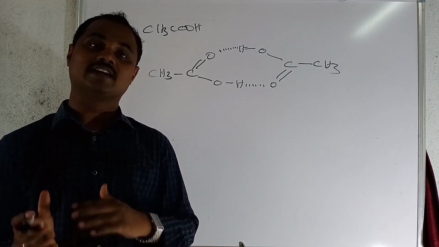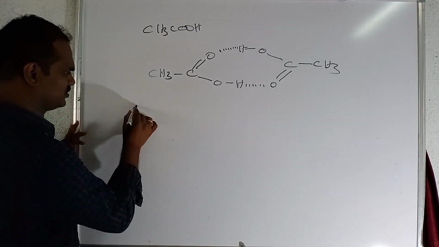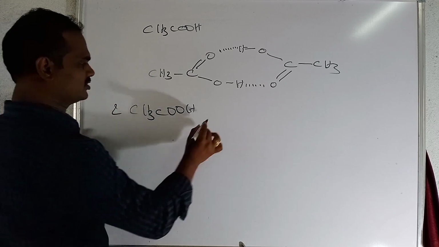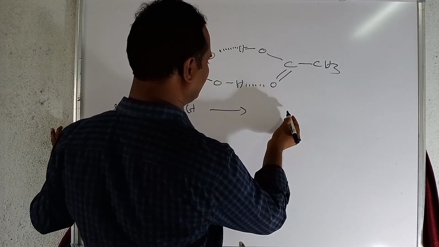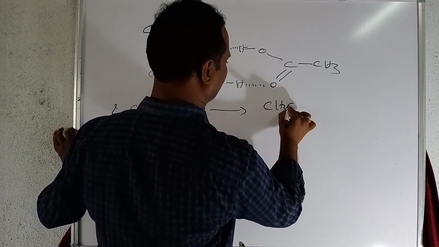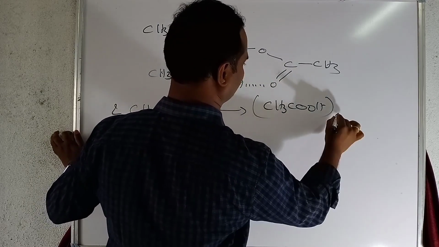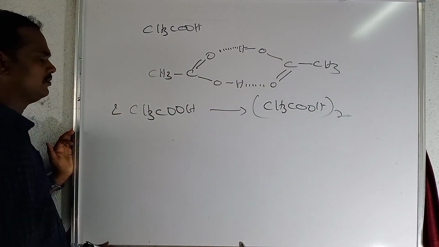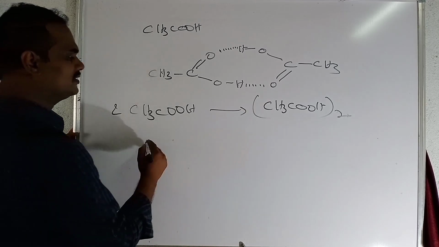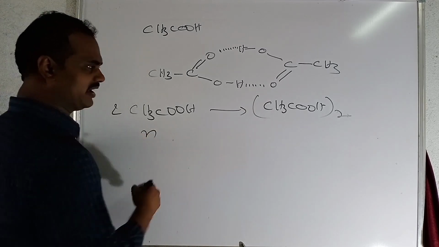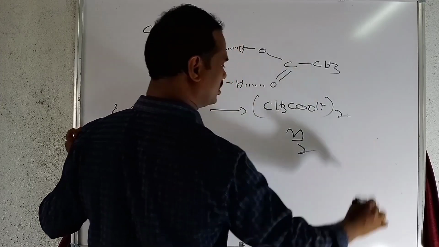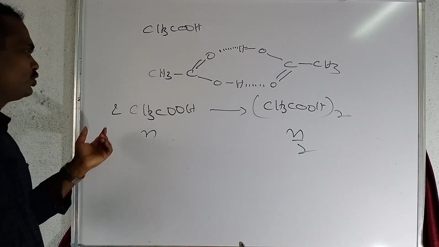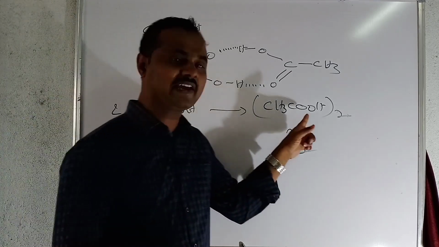In the trimerization case, for example, CH3COOH, 2 moles we have taken. Is it clear? So here what will happen? If n molecules are taken, after dimerization the remaining molecules are n by 2. Simple. 2 molecules you take, 2 combine and become 1.